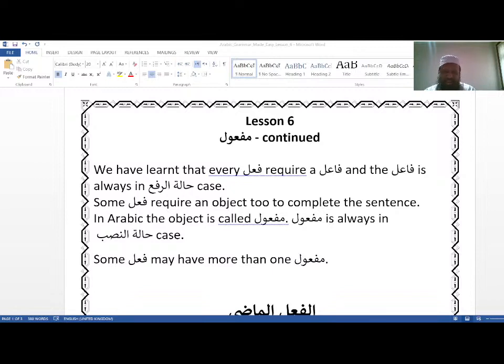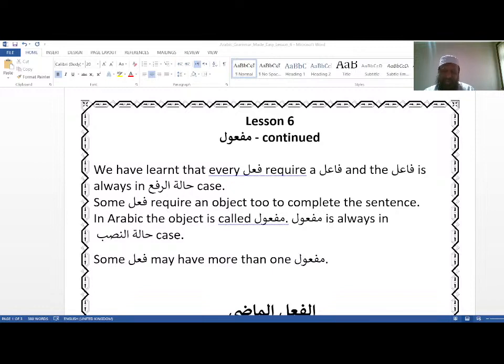So just with the fail and fa'il, the sentence is incomplete until we bring an object, a maf'ul. Because maf'ul is there to show the action took place on this ism, maf'ul. In Arabic, the object is called maf'ul. Maf'ul is always in halatul nasb. As long as we remember these two: fa'il case ending is halatul rafa, and maf'ul case ending is halatul nasb.